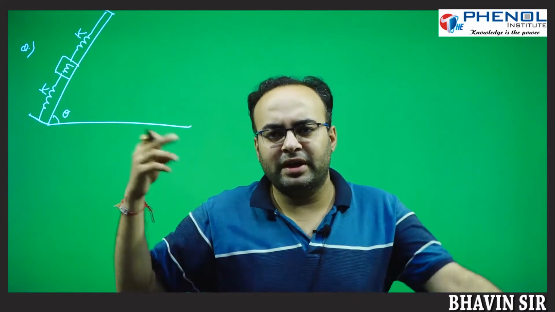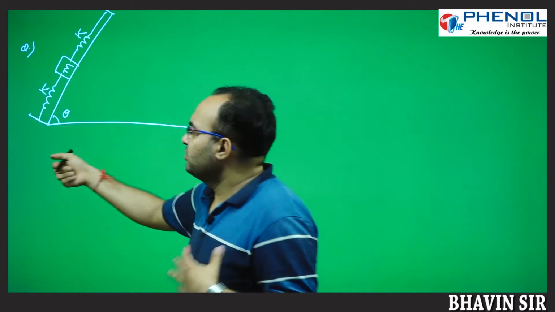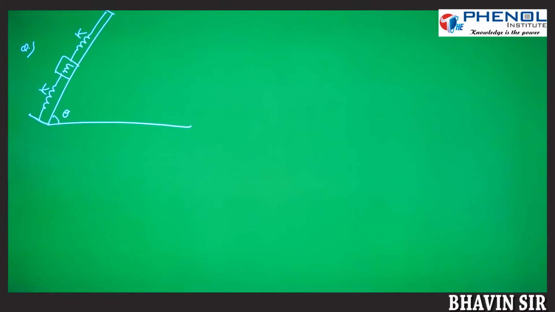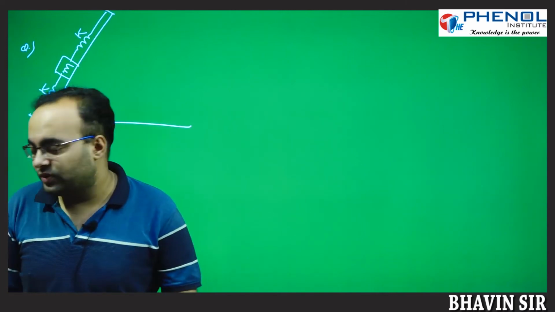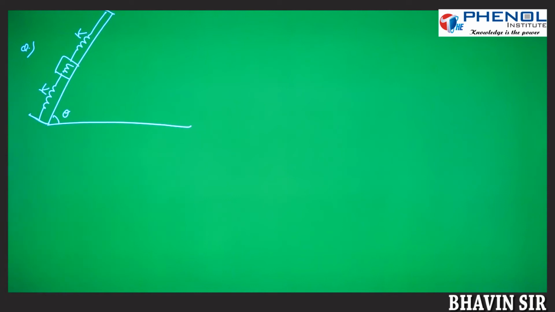There is an inclined plane. On the inclined plane, between two fixed supports, two springs are connected in parallel. How do we know these springs are in parallel connection? Because the block is between the two springs, so it is a parallel connection. Now we want to find the time period.